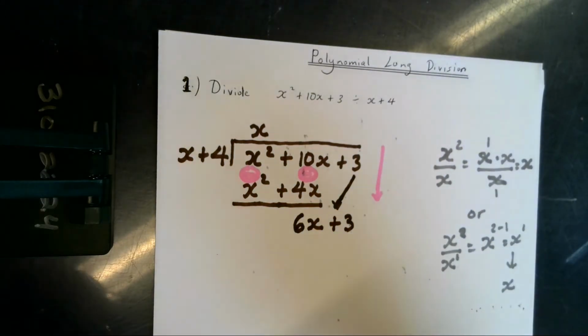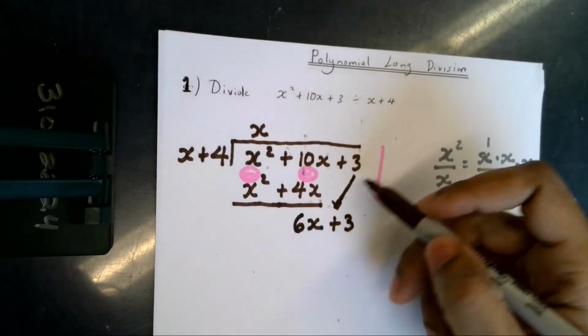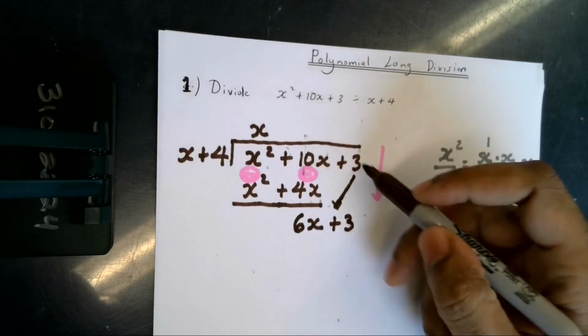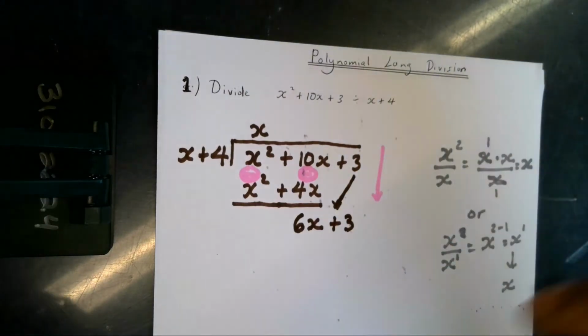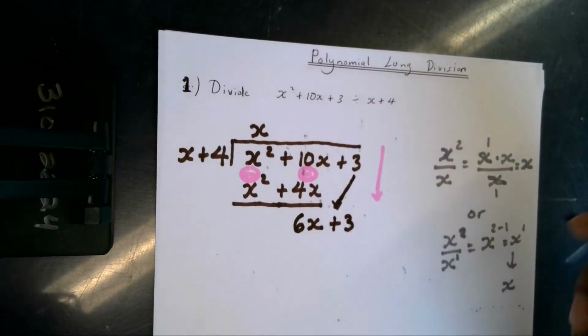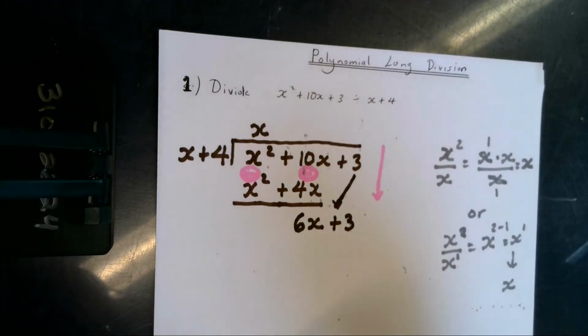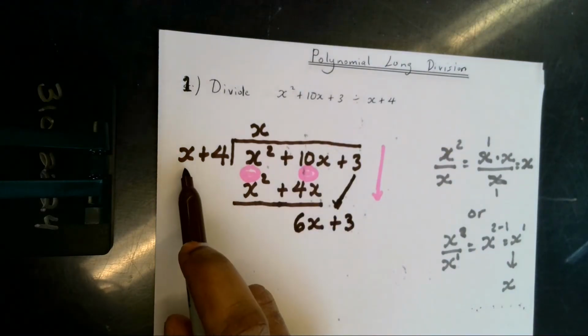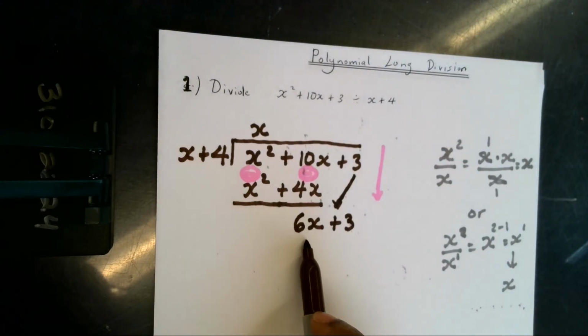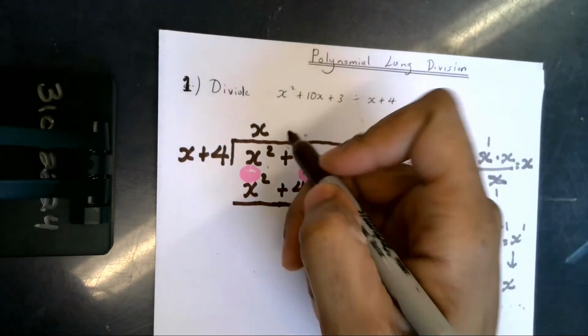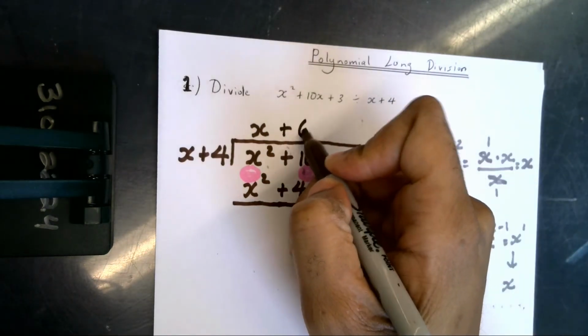So remember that now. Each time you bring down, you're going to repeat the process. So when you repeat the process, you're going to start with division again. So what you're going to say is x into 6x, that is 6.